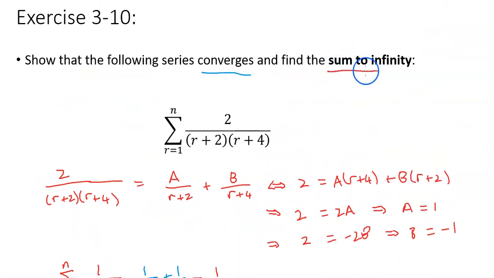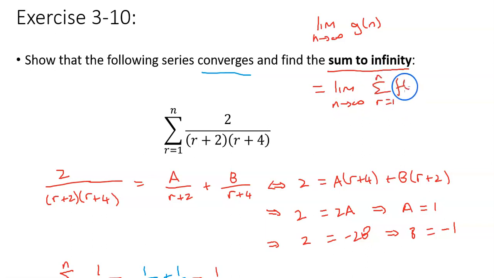By the way, that's what sum to infinity means. It means the limit as n tends to infinity of g of n, which was the limit as n tends to infinity of the sum from r equals 1 to n of f of r.